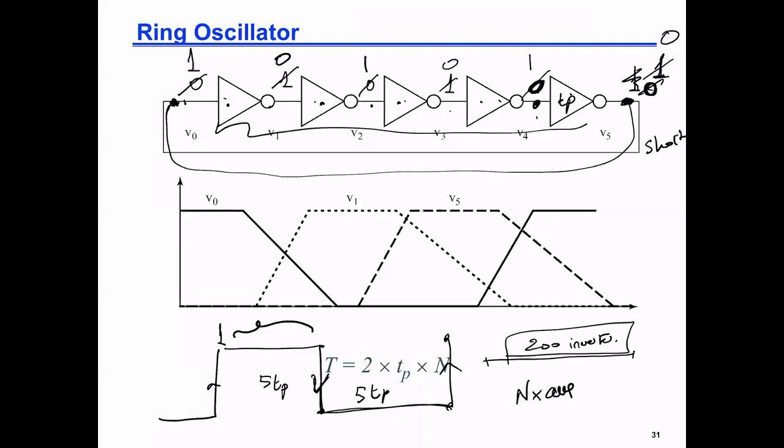N times the average TP, right? Meaning if one inverter is weak, one is slow, one is bad, one is good, they will average out to some average expected value, and I can know on average whether my chip is behaving properly or not. Meaning how fast it is on average, okay?